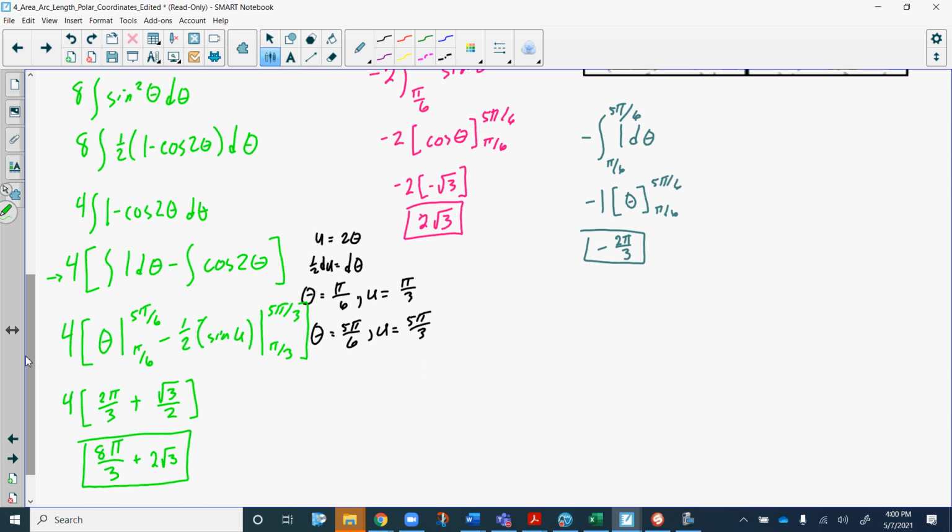So if I take those three things, now that we've done the antiderivative, keep in mind that the original antiderivative we were working with was still saying one half of those definite integrals.